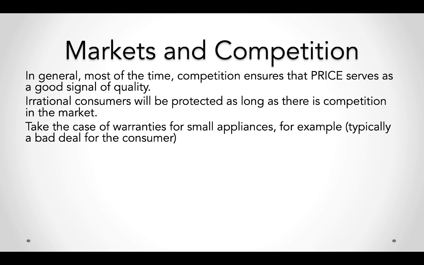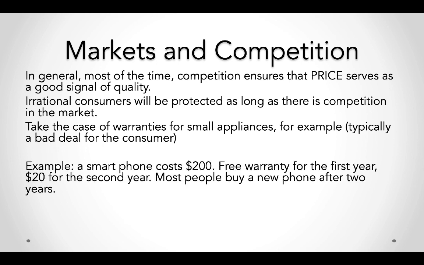One case that we can discuss is the warranty for small appliances, for example. It's typically a bad deal for the consumer. A rule of thumb, again, is that warranties for small appliances are a bad deal. For example, a smartphone costs $200, with a free warranty for the first year, then you have to pay $20 for the second year of warranty.